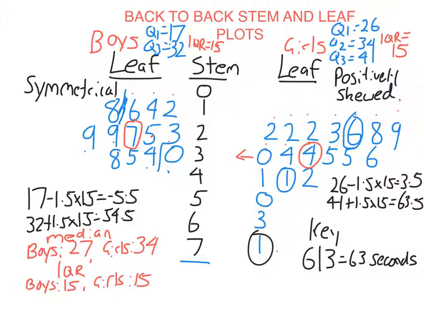We probably could have guessed that before we did any calculations, but we want to work with calculations. We want to have some evidence to back it up rather than just saying that it's obvious. So that's what we've done here. We conclude that boys were faster because they have a lower median time to complete the race and the spreads were very similar. That's enough evidence to back up your claim.